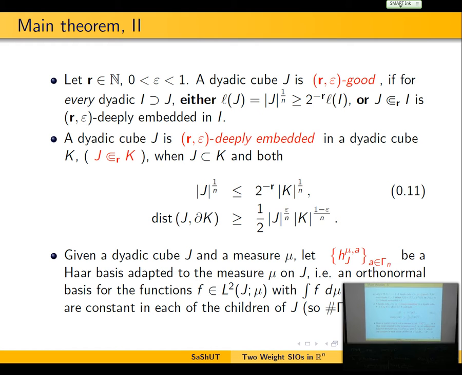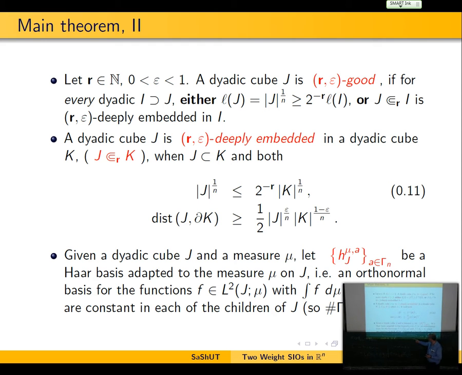First of all, there is a notion of a cube J being good. It depends on 2 parameters. This notion was introduced by Nazarov, Treil, Volberg. So basically, you say a cube J is good if, let's draw in one dimension, it's easier, for every pair of intervals, either J is very close to I in generations, very close is R generations, or if it is more than R generations away, this picture cannot occur.